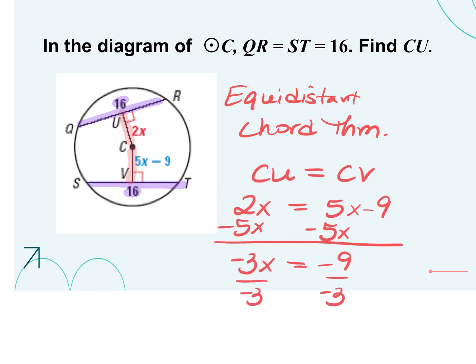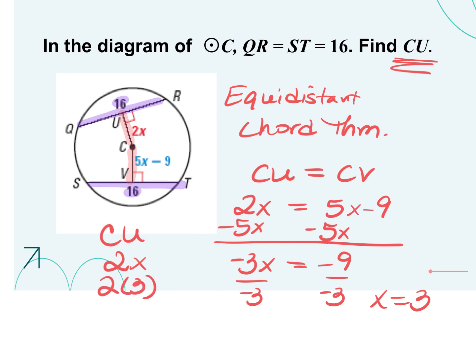Divide, and x equals positive 3. Now the question didn't want x, it wants CU. So CU was equal to 2 times x. So I'm going to take what I found for x, plug it in, and the length of CU is 6.